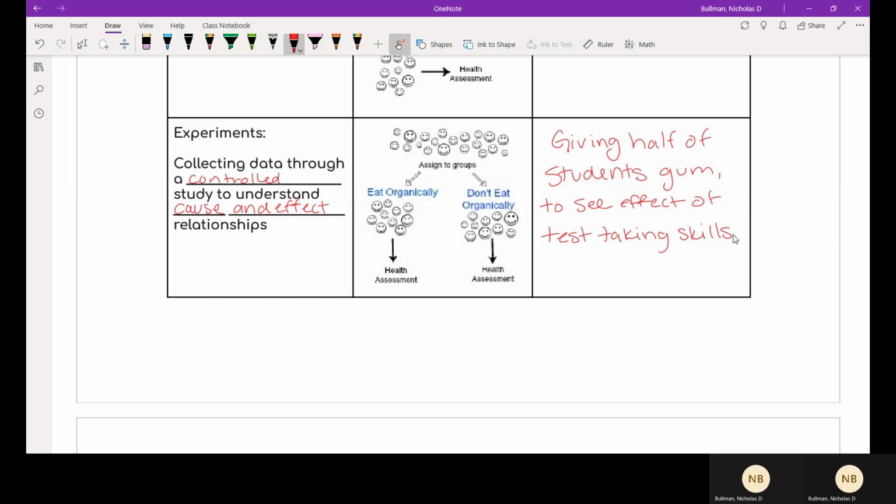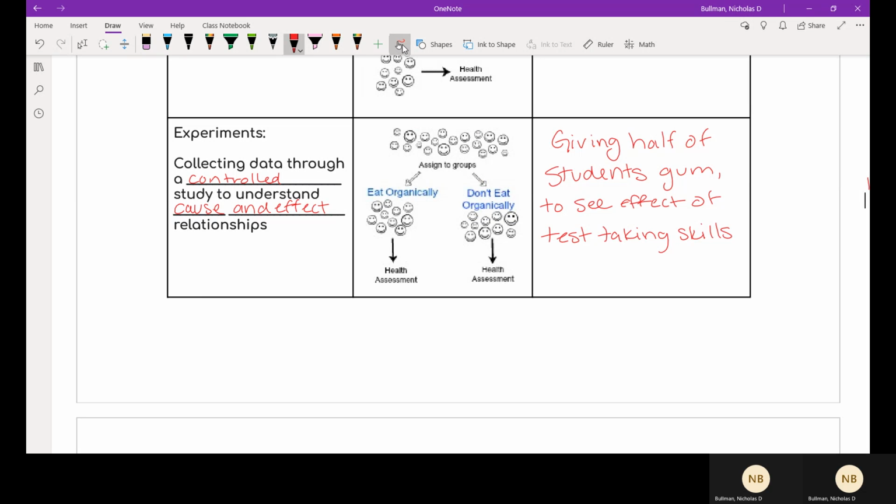You could also have an experiment to see if Gatorade enhances athletes' performance, or whether serving pizza every day makes kids like pizza more, because they would have the option of getting pizza every day. There's many different experiments that you can do and examples.